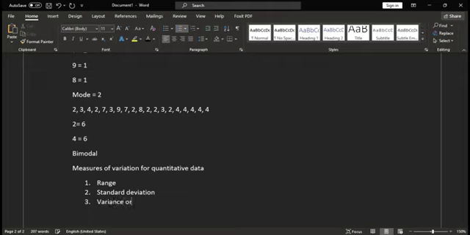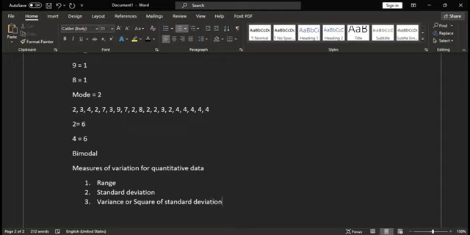And the variance, we said, when you square the standard deviation, you get your variance. That's standard deviation multiplied by itself. That is the square. That is when you get your variance. So you can say variance or square of standard deviation.